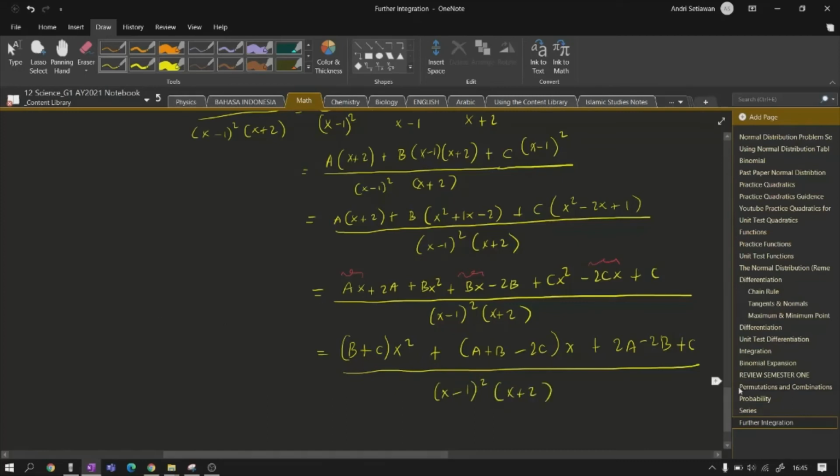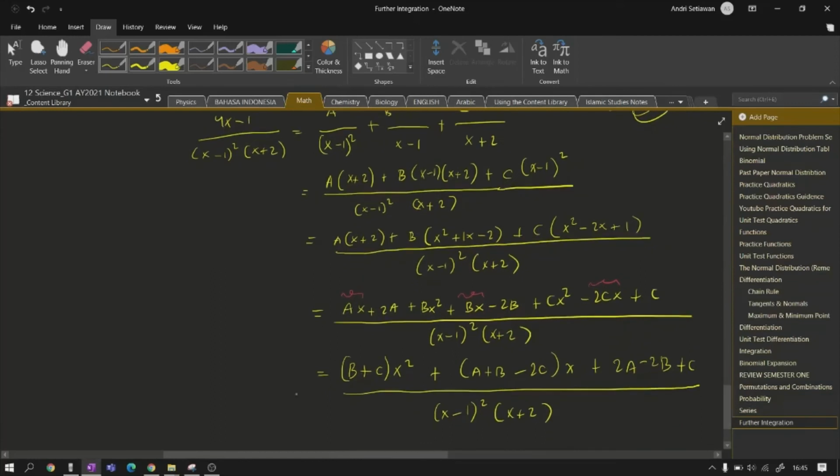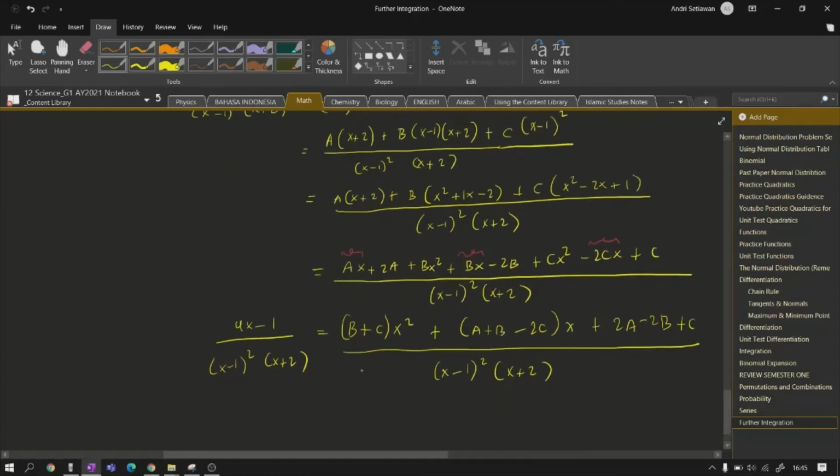It will be equal to (4x − 1) over (x − 1)²(x + 2). The denominators are equal, so let's take a look at the numerator. We don't find x² in the numerator on the left side, so the conclusion is b + c = 0.